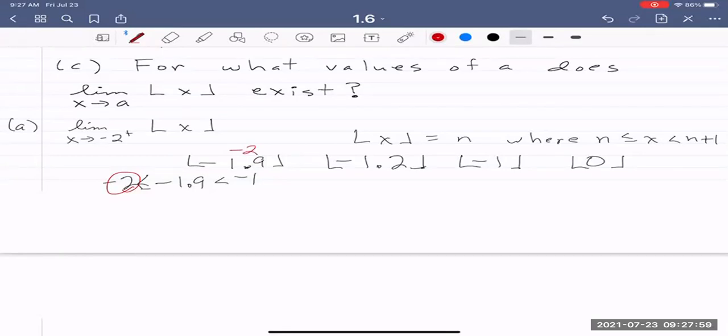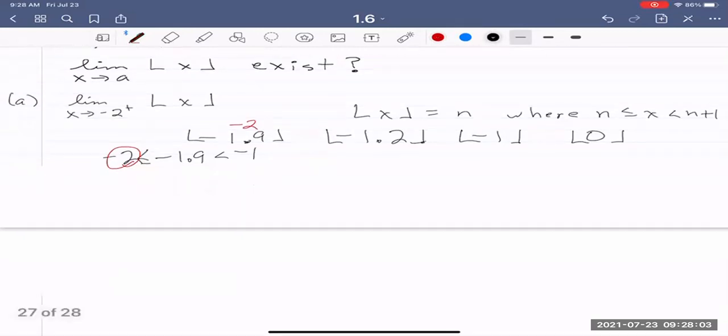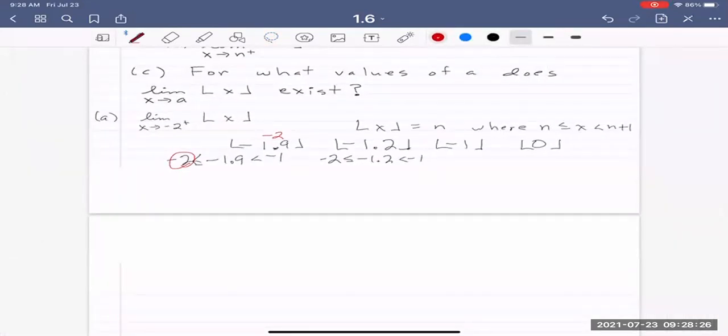Now let's look at -1.2. Well, -1.2 is between what two integers? Well, it's between -2 and -1. Again, by this definition, let it equal that integer. That's the floor. And so the floor is -2.